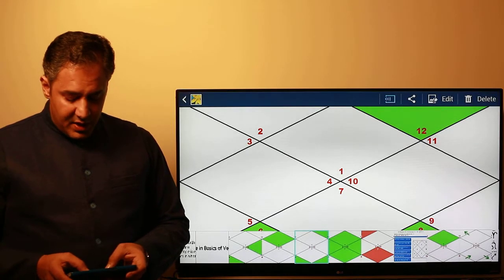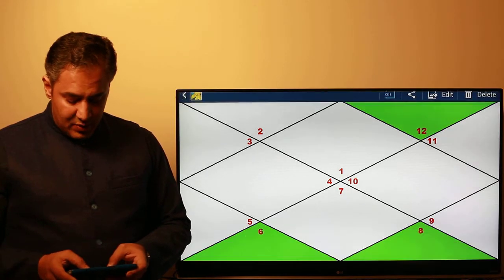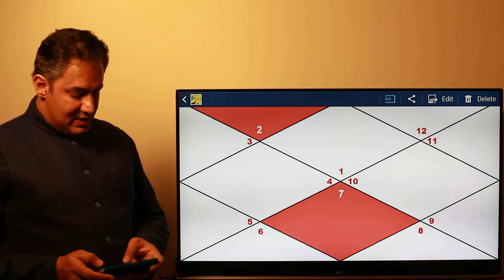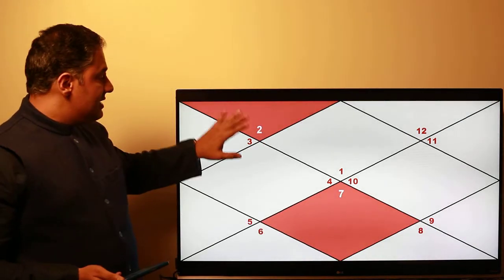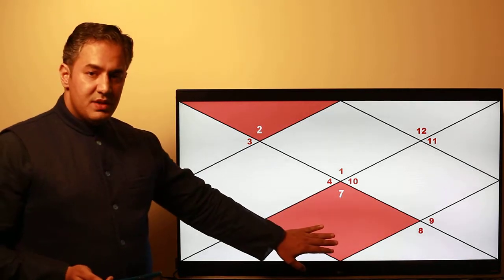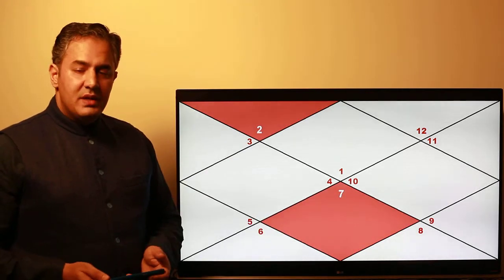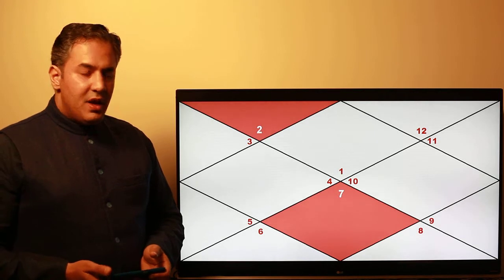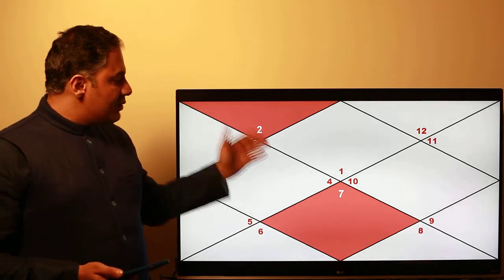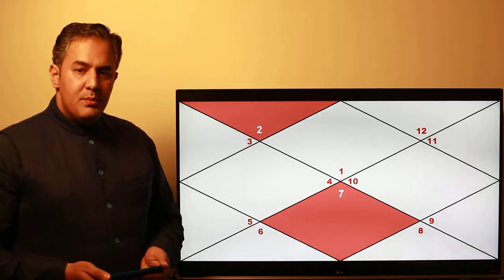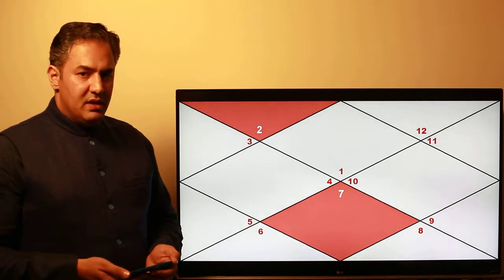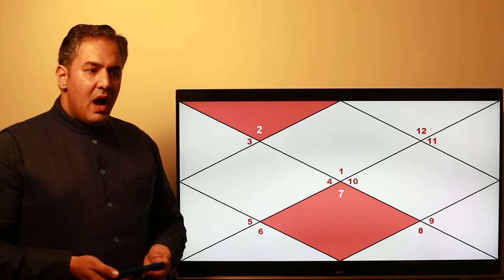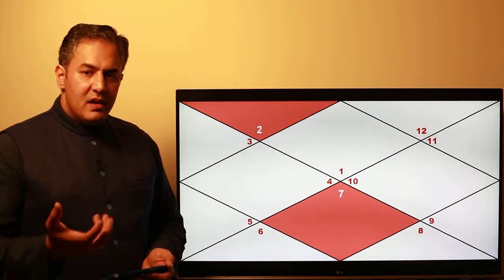Now the last category of houses that I would be telling you about is this. These two houses highlighted in red, the 2nd house and the 7th house. These houses are deadly houses. Whenever these houses are involved in analyzing a chart, whenever these houses are activated, they are bound to give some sort of deadly result.